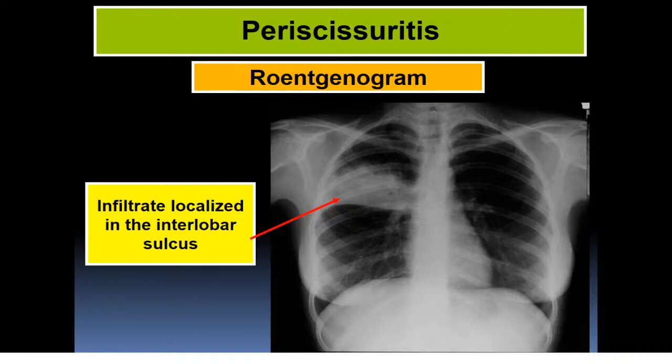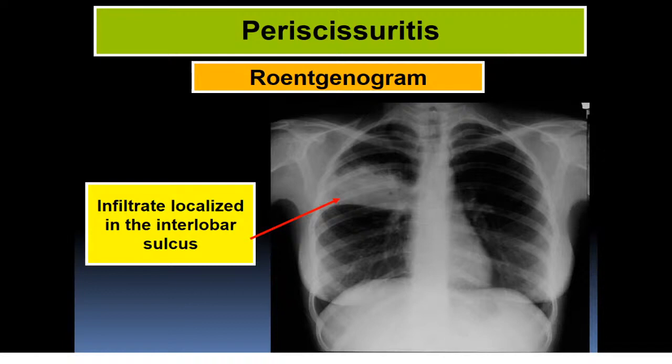The next type of infiltrative shadows is named pericissuritis, or marginal infiltrate. What does pericissuritis mean? This infiltrate is localized along the fissure.